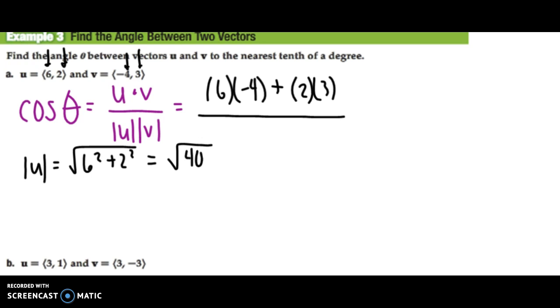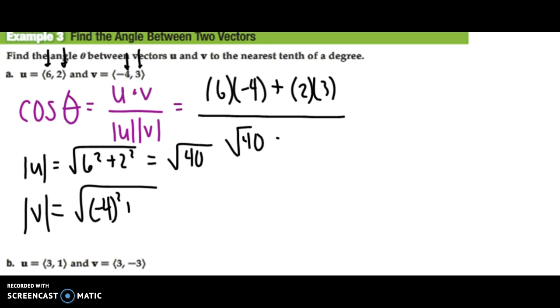Okay, so right here I have the square root of 40 times the magnitude of v, which is the square root of negative 4 squared plus 3 squared. Square root of 16 plus 9 is the square root of 25.